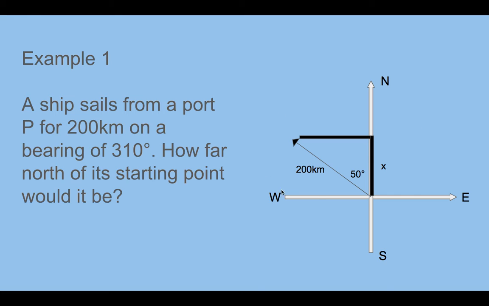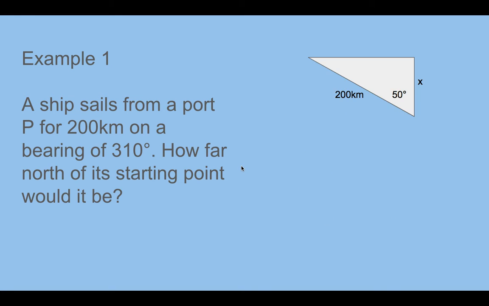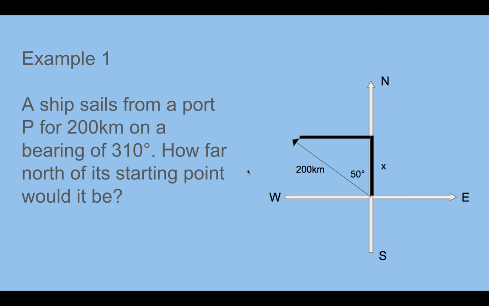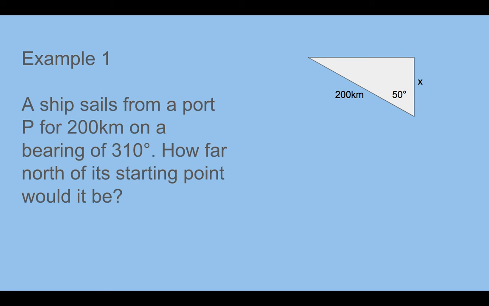Once we've got this diagram, we really don't need the question anymore. We can change it to this; that diagram and this diagram have exactly the same information. So what have we got? There's the right angle, and we've got adjacent and hypotenuse, so that's going to be cos. So cos 50 equals x over 200.